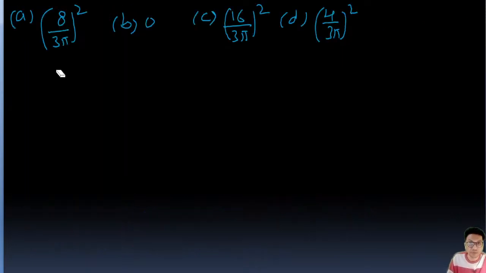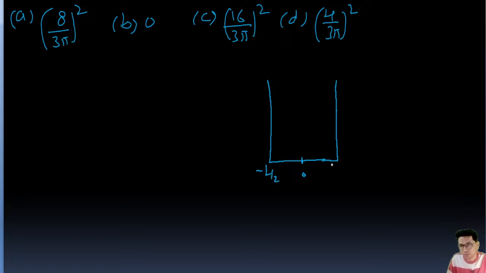Very simple question and a very good question, guys. So we are going to solve it now. I'll explain like this. The first condition is like this: this is 0, this is minus L by 2 and this is L by 2.